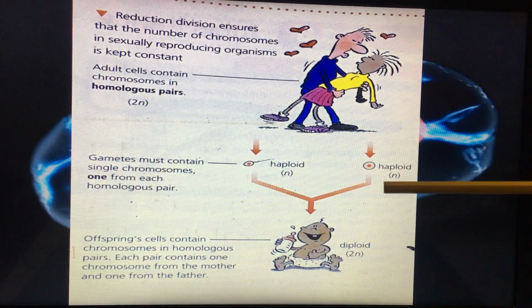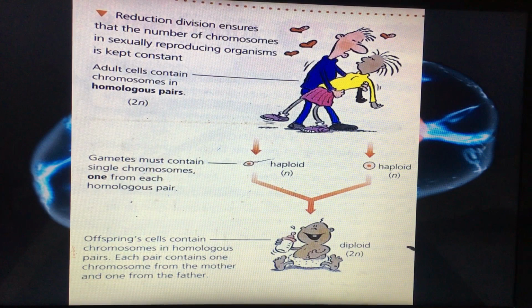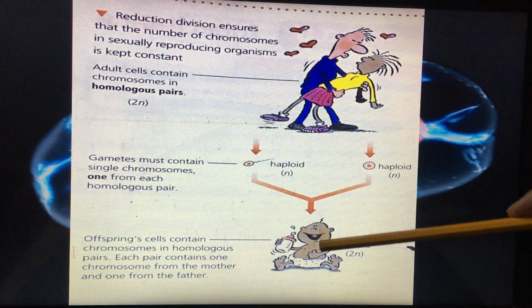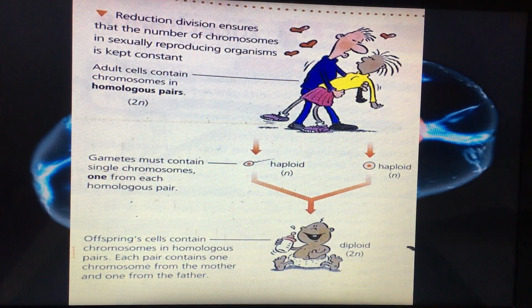So here we have n and n. During fertilization, which is the fusion of haploid gametes to restore the diploid number in the zygote, we produce the zygote which contains the diploid number of chromosomes.